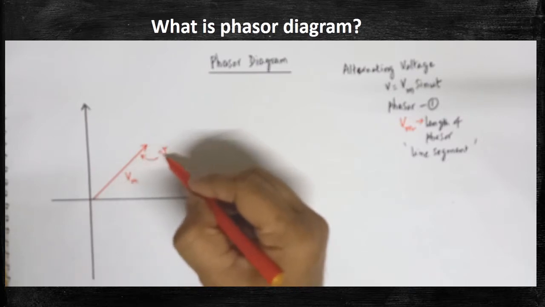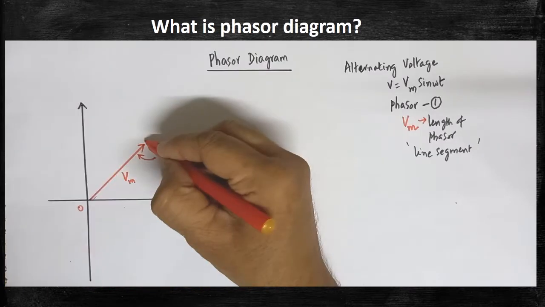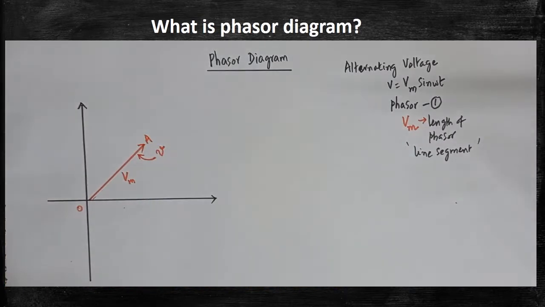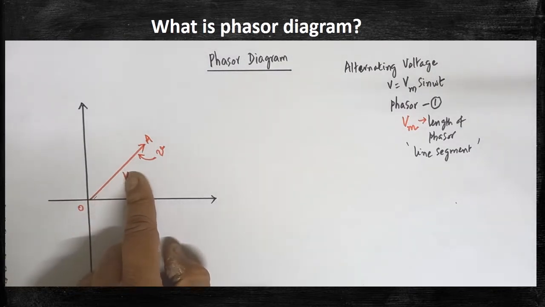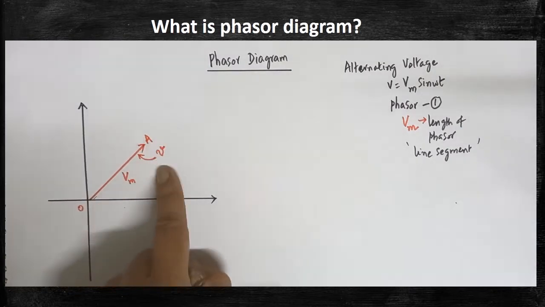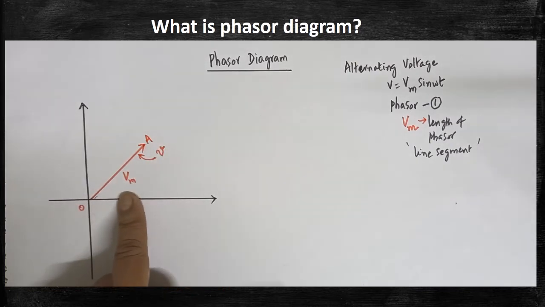This phasor represents the alternating voltage, and we name it OA. After writing this OA, you should understand that this OA represents V, and the length of OA must be equal to Vm.